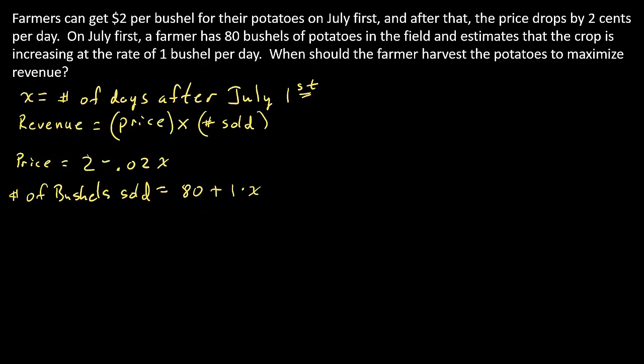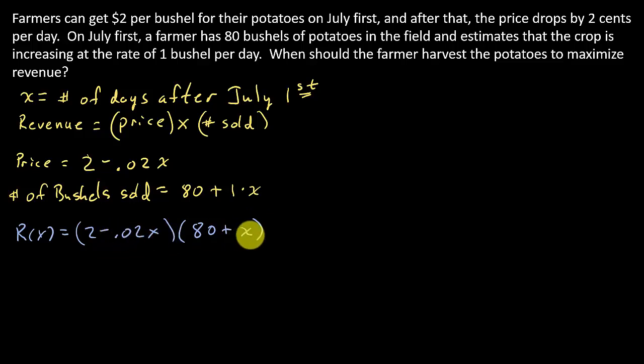So our revenue is equal to the price times the number sold. So that's going to be 2 minus 0.02x times 80 plus x. So there's our revenue function, and that's what we need to maximize.